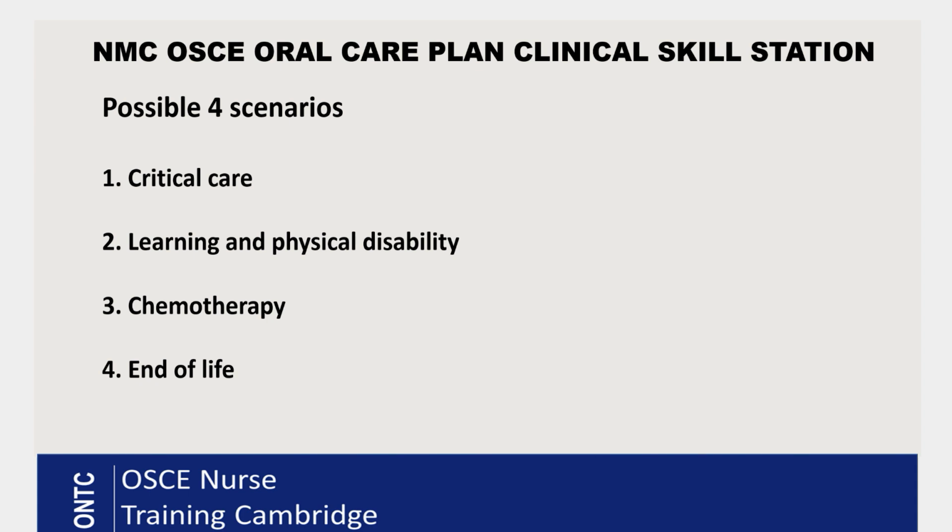And fourth, a patient on the end of life pathway. Those are the 4 possibilities you can come across in the exam. You have to prepare for all 4, and you will have one of the 4. You will not get 4 different scenarios; you will get one scenario based on any of these topics.